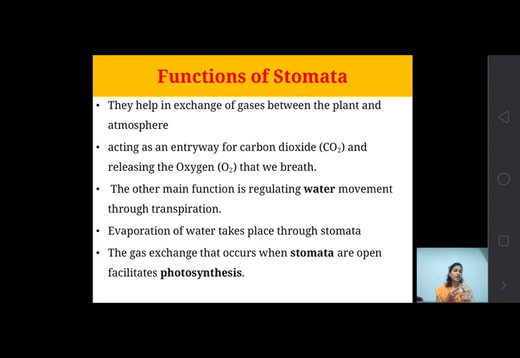There are various types of trichomes we have studied: unicellular, multicellular, uniseriate, multiseriate, and peltate, scale-like, all types of trichomes in this epidermal tissue system. Today in this lecture we have finished the last part of the epidermal tissue system, that is stomata.